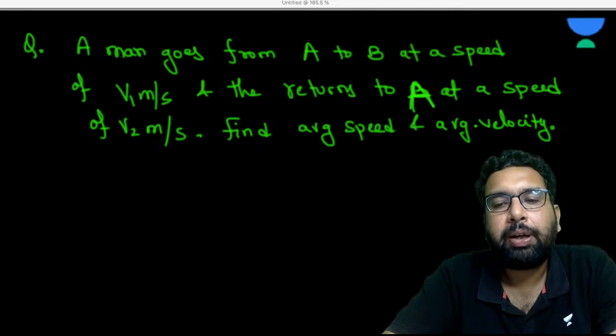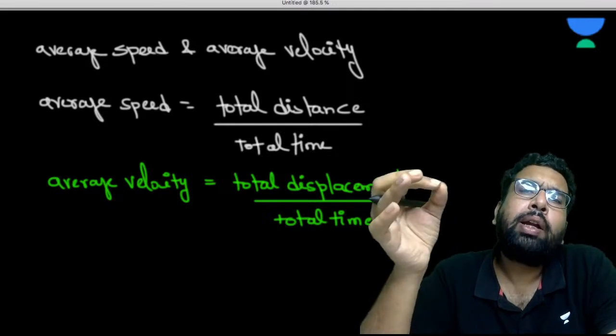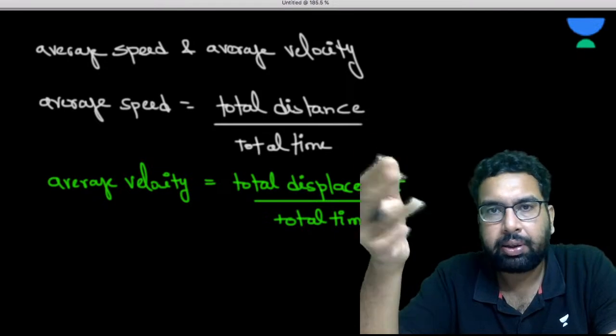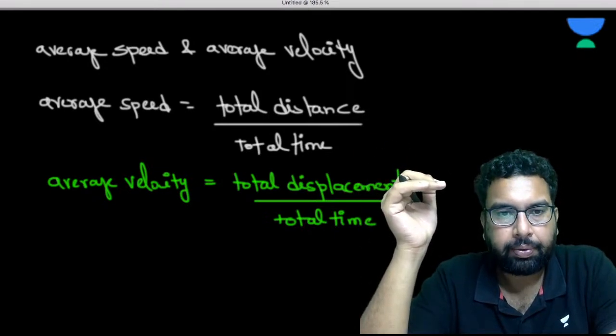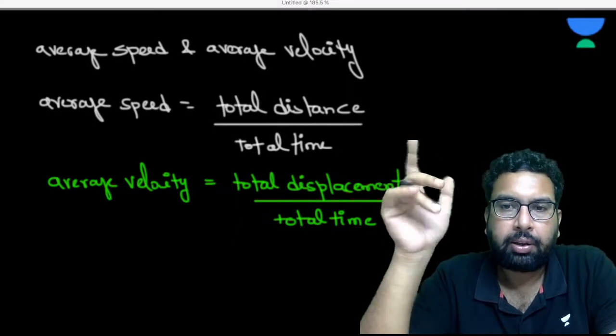What is average speed? What is average velocity? See, this is the formula. This is the only formula in the world to find average speed. After this, we'll start Newton's law of motion. One topic is left, that is circular motion.